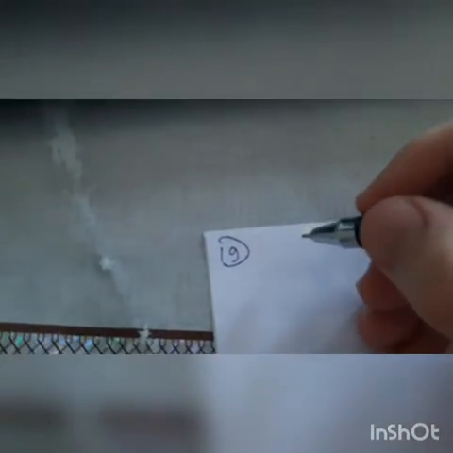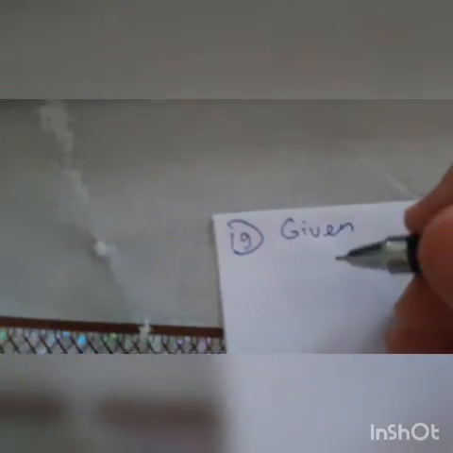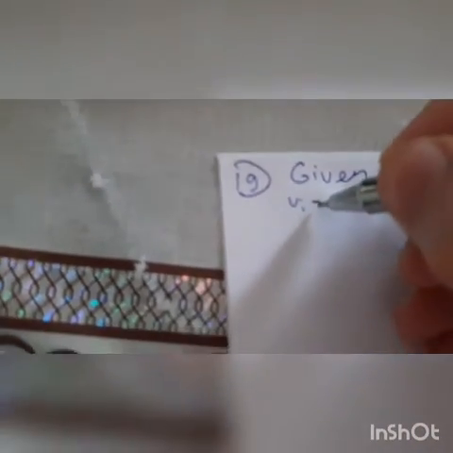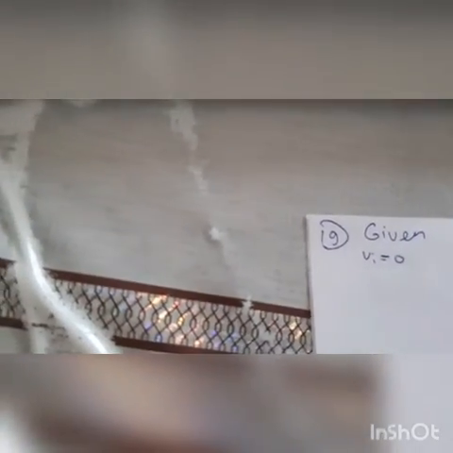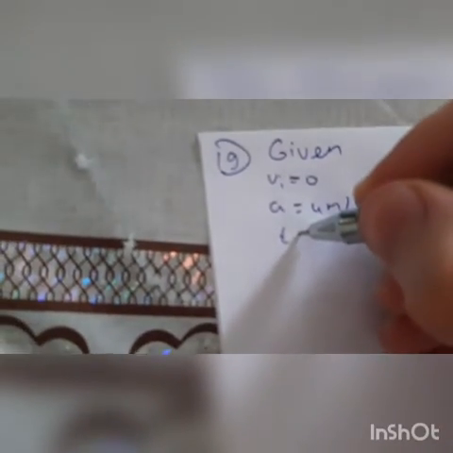19, yeah. First of all, we need to write given. Our initial velocity is 0 because it starts from rest. Acceleration is 4 meters per second squared, and our time is 6 seconds.